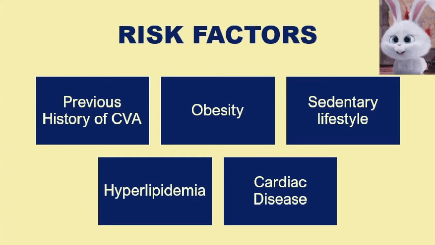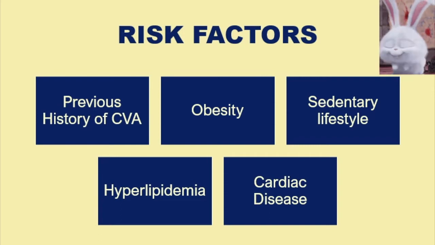It is known, class, that a patient who had a previous history of stroke will be at increased risk of stroke in the incoming years. Usually, class, there will be recurrence of stroke, especially if the patient is not complying with their maintenance. Obesity: your sedentary lifestyle and obesity are among the modifiable factors related to stroke. Then also hyperlipidemia, which would still connect to atherosclerosis.